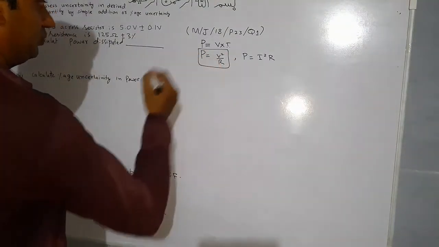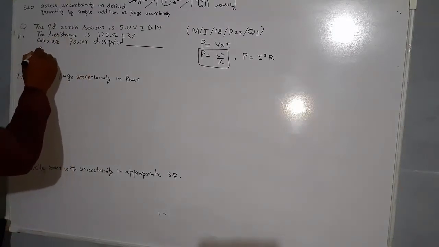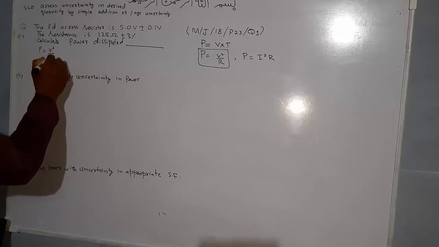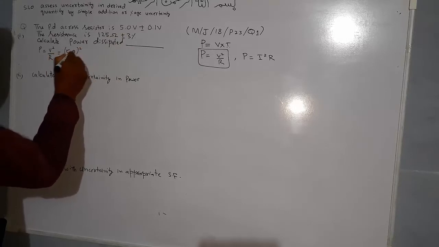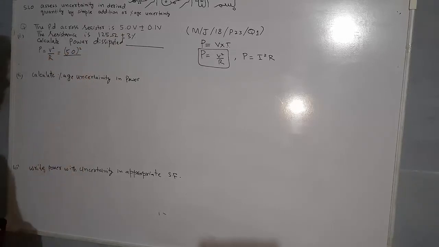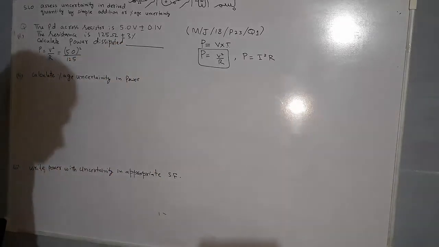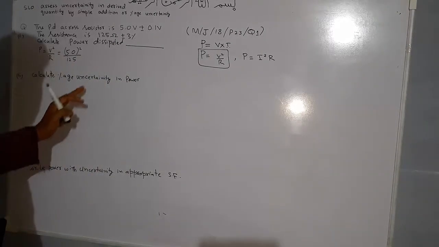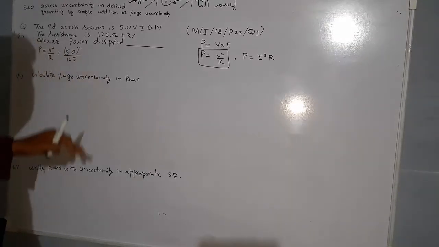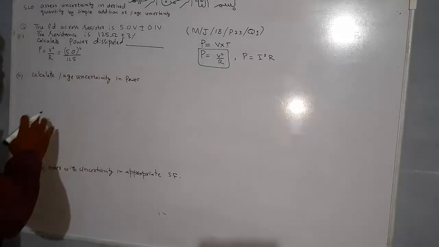And again power is involved in it, so this formula we are going to use. In the first part, we have to just calculate the power dissipated. P is equal to V square over R. Voltage is given as 5.0, squared, over the resistance, which is 125. There is no need to use the percentage or absolute uncertainty for only the calculation of the power, only the reading.